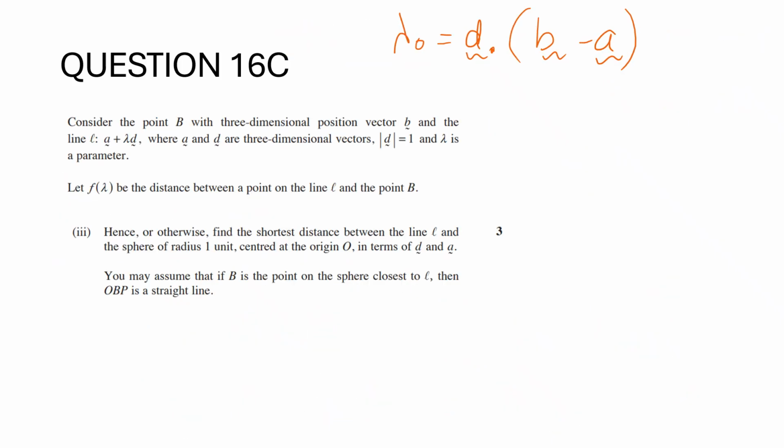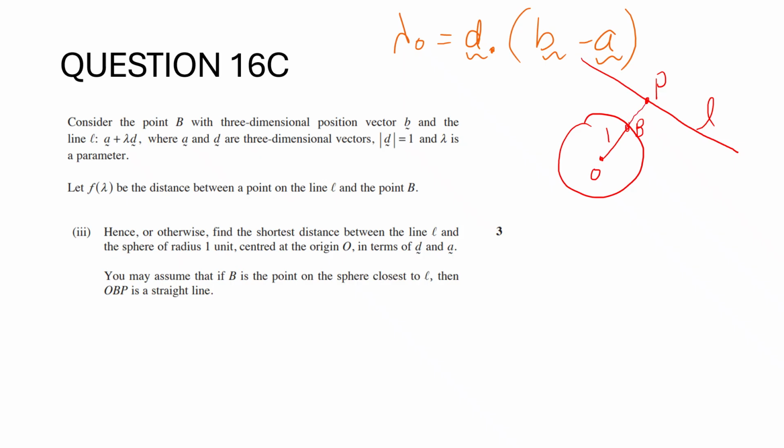Part 3. Hence or otherwise find the shortest distance between the line L and the sphere of radius 1 unit centered at the origin in terms of D and A. So there's our sphere, there's point B and point P. This is line L. You may assume that if B is the point on the sphere closest to L, then OBP is a straight line.